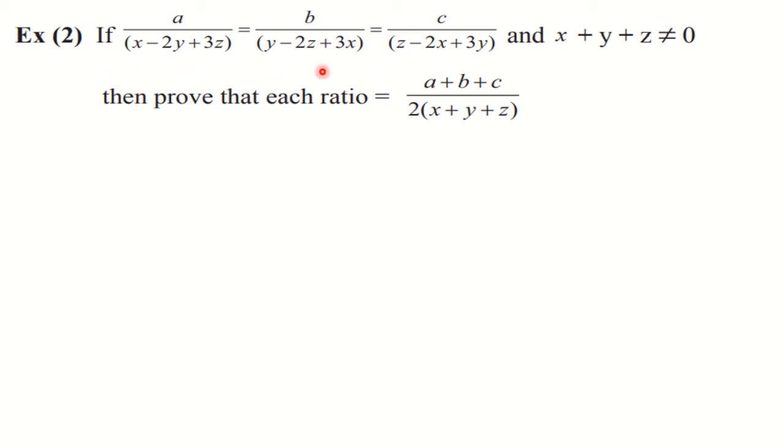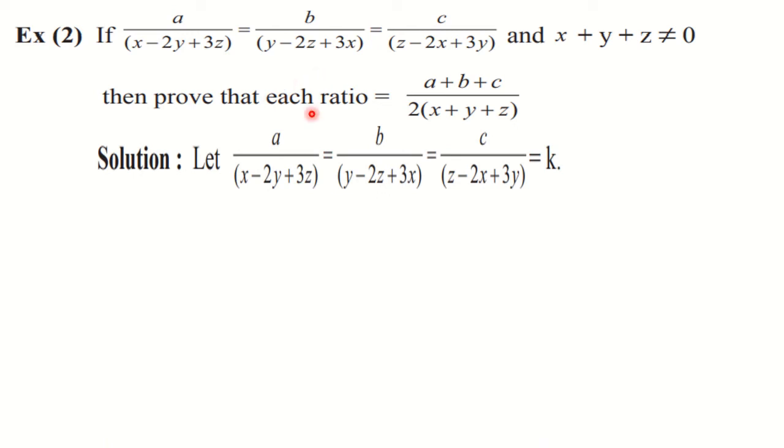Okay. So first of all, write down the given three ratios as k. Assume them as k, so that in the next step, instead of writing all these three ratios, simply you can write down k is equal to, or you can write down each ratio is equal to. There is no need to write down all the ratios again and again. So assume those three ratios as k. Okay.